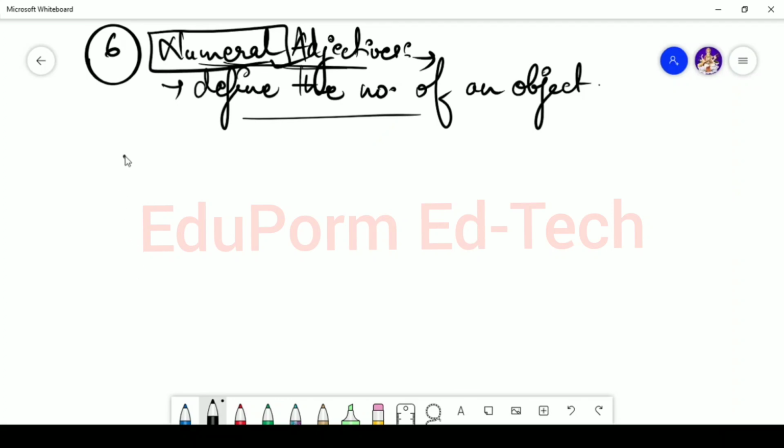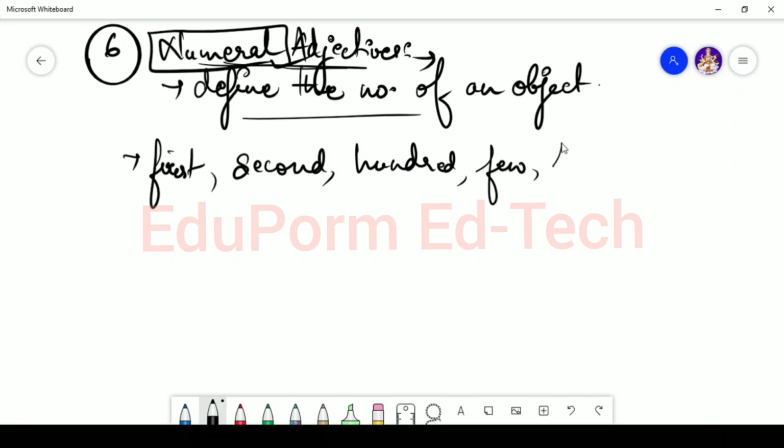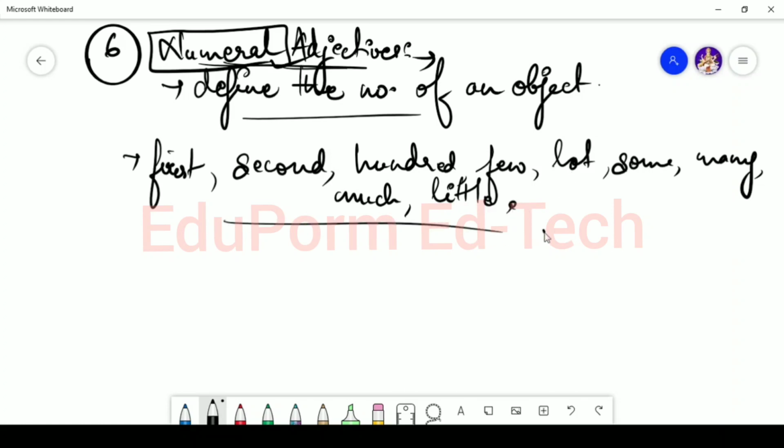Let's say for example, when you're using words like first, second, okay, or 100, or few, lot, some, many, much, little.